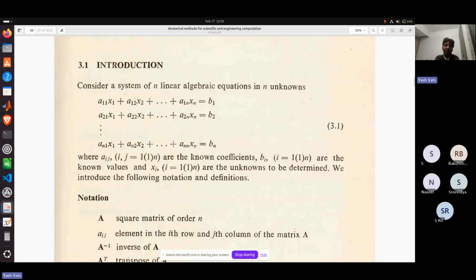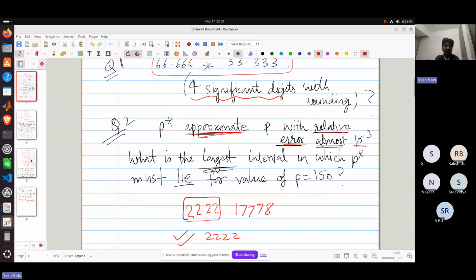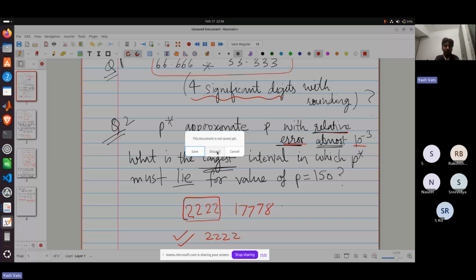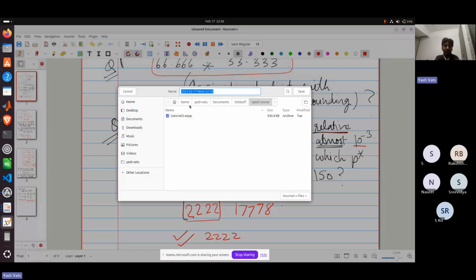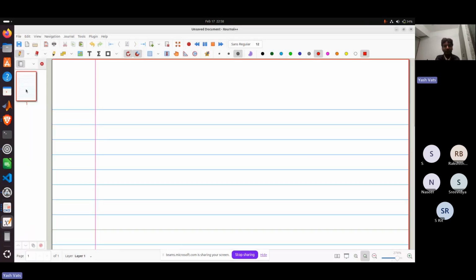So you can convert this system of equations into a matrix. Let me write it here.